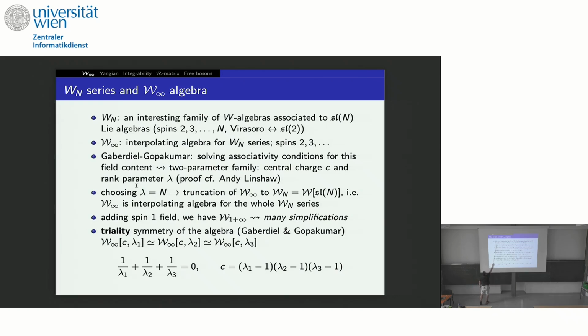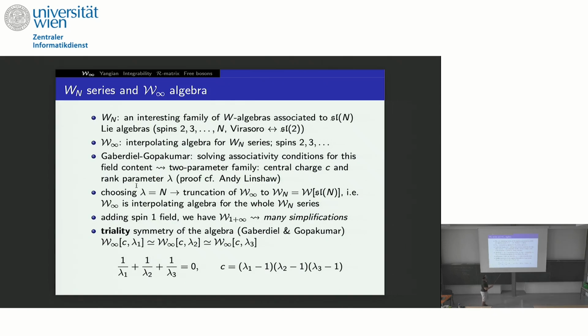We had this rank-like parameter n, and then we had the central charge, which was always there, okay? Just like in the Virasoro algebra, we have the freedom to choose the central charge, whatever we like. So they found a two-parametric family. And the origin of these parameters is, as I said, the central charge and this rank-like parameter. And somehow this algebra W infinity interpolates between all Wn algebras.